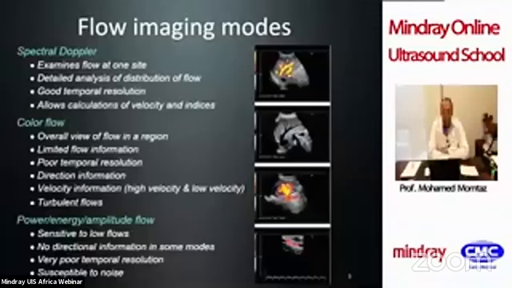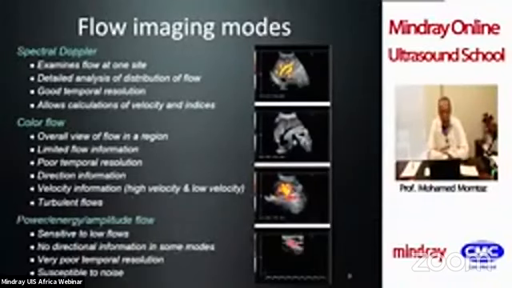On the other hand, color flow gets an overall view of flow in an area or region. It has limited flow information and poor lateral resolution. It has direction information: color Doppler shows flow towards or away from the probe.